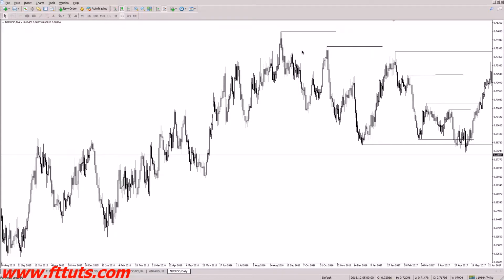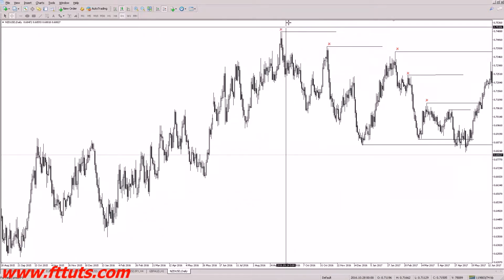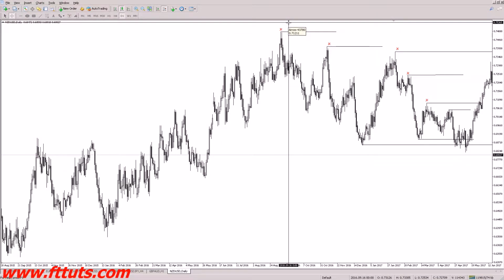The important thing to glean from this is that if we've got highs that have been made on the daily chart, then we know there are orders and liquidity above these highs. All of these highs, you've got liquidity resting above all of them. So we know with a degree of certainty that if price is going to go higher, it's going to target these highs, because that is where the money in the market is residing.